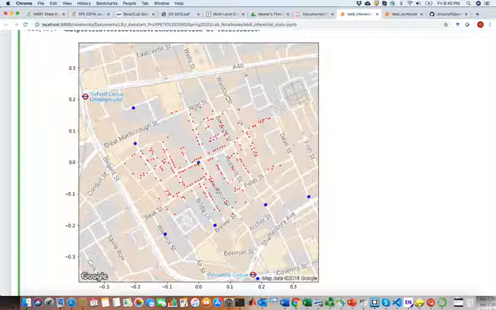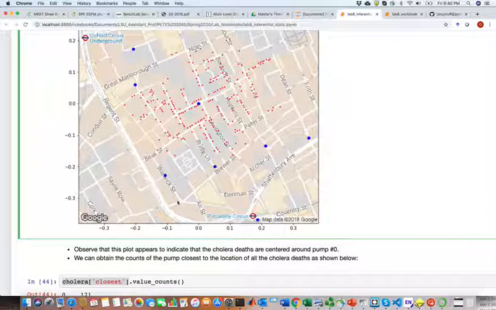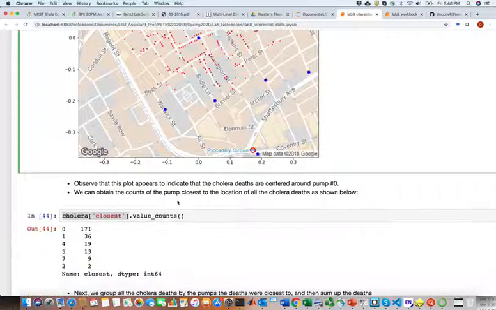So can we conclude that pump 0 is responsible for the cholera deaths? So we don't call that a conclusion, right? It is a hypothesis. And we're going to test the hypothesis that pump 0 is responsible for the deaths. That's what John Snow did using statistics.